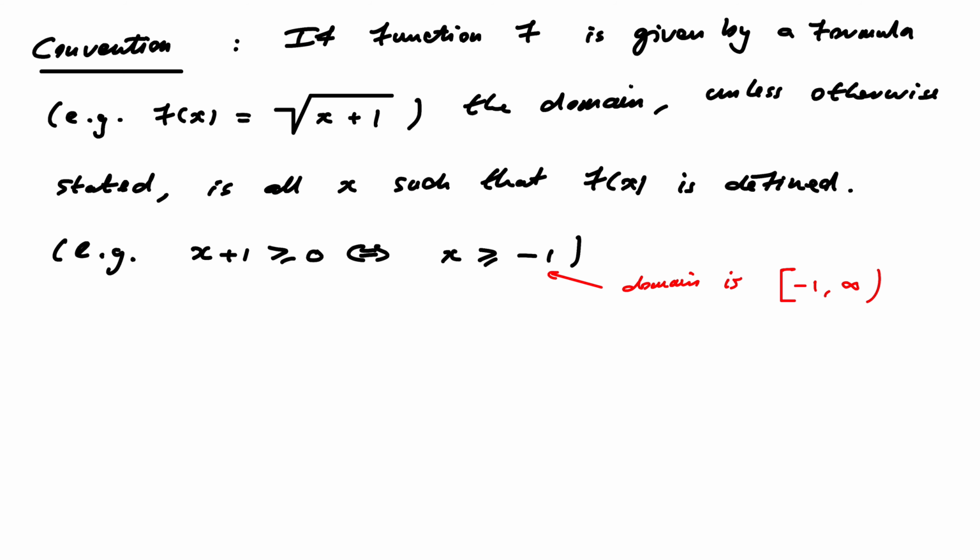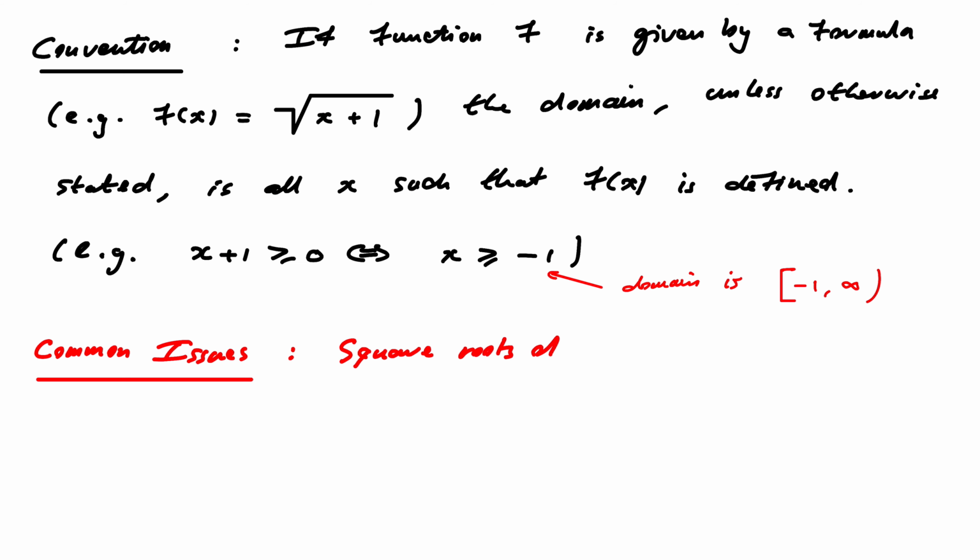Really, practically speaking, the common issues that really turn up, so the common issues when dealing with formulas, at least in this class, I mean, basically things like square roots or even nth roots of negatives, that's not allowed. So square roots of negatives, that's going to mess things up.